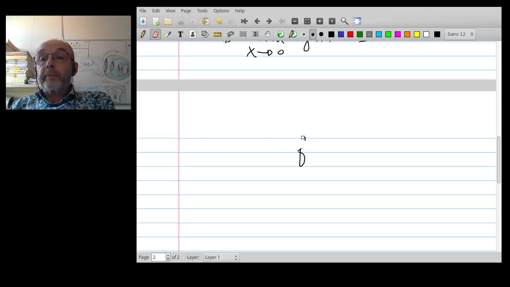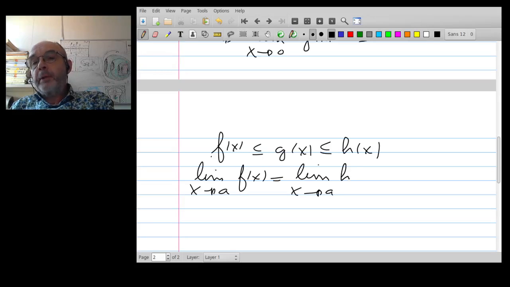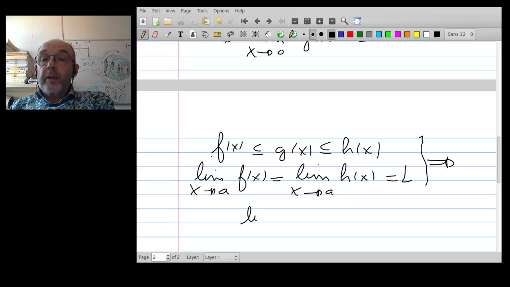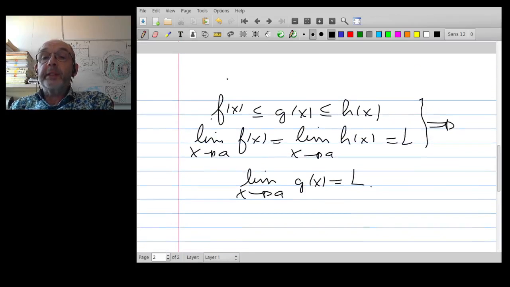So if f of x is smaller or equal to g of x, and that is less or equal to h of x, and the limit from x going to a of f of x is equal to the limit from x going to a of h of x, which is L, then the limit from x going to a of g of x has to be equal to L. That is your squeeze theorem.